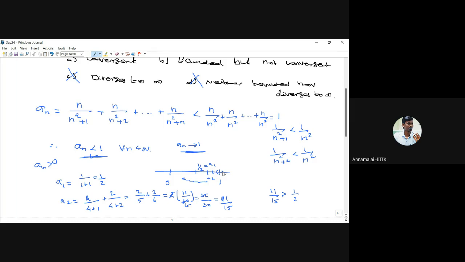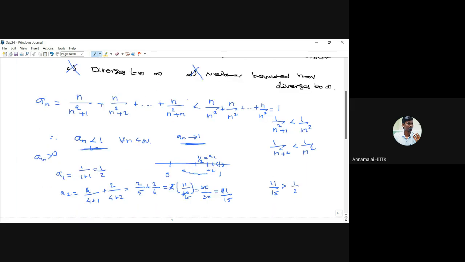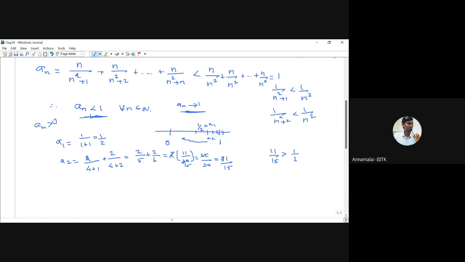We can choose epsilon very small, and then in that neighborhood there is no a_n. Therefore a_n does not converge to 1. These a_n are increasing, so this is a bounded sequence but not convergent. Therefore convergence is false, bounded but not convergent. If you find a3 and mark the points, you will get very near to 1 but not converging to 1.